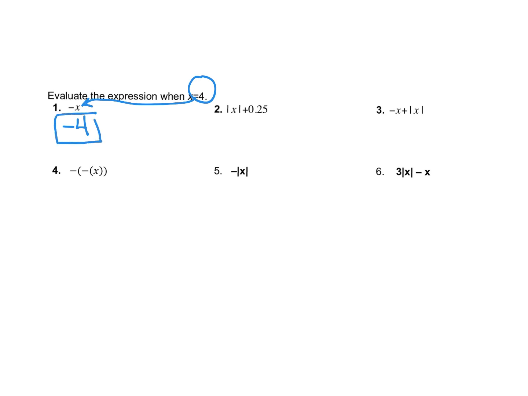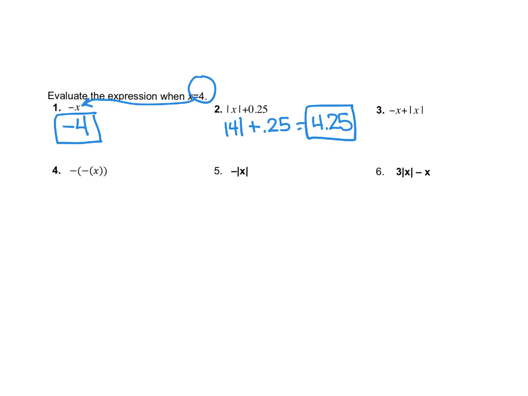And I can't simplify that any further. Number 2, I have the absolute value of x plus 0.25. So the absolute value of x is 4. And because the absolute value of 4 is 4, it's always going to be positive. Remember, we're going to have a 4.25.